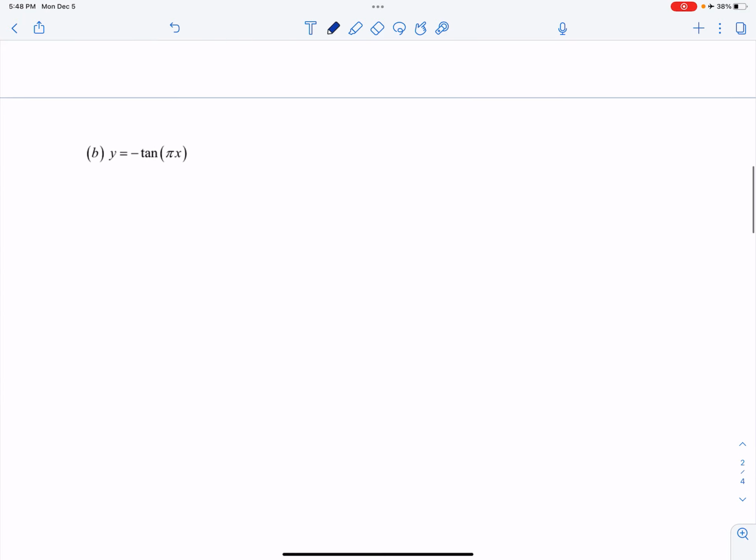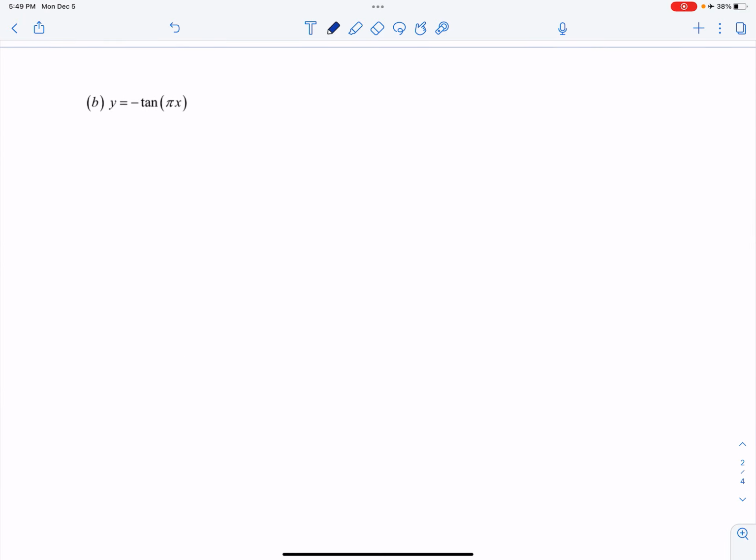Let's do another one. y equals negative tangent of pi x. So, first of all, we have a negative. That tells us that we are flipping the graph vertically.